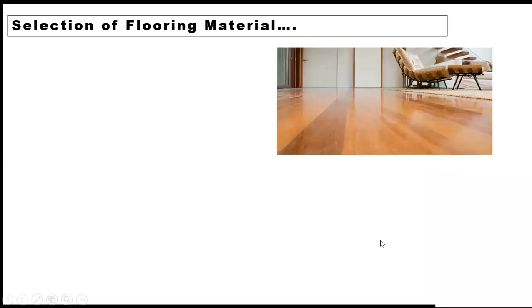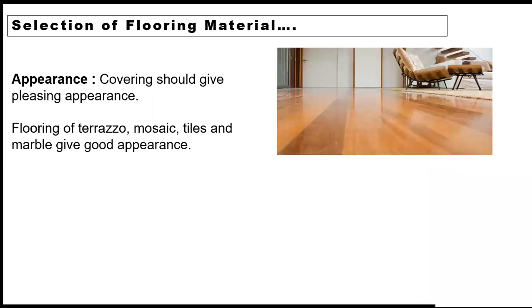Now from this picture, what we can understand, what this picture basically illustrates, what this picture is showing. So appearance. Very important is the appearance. That means covering should give good appearance, soothing appearance. It should look better.